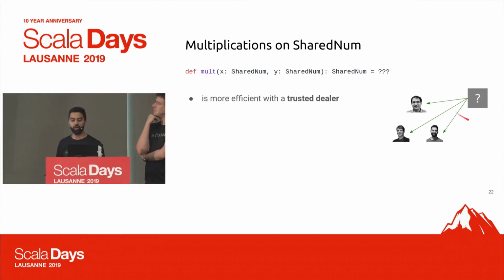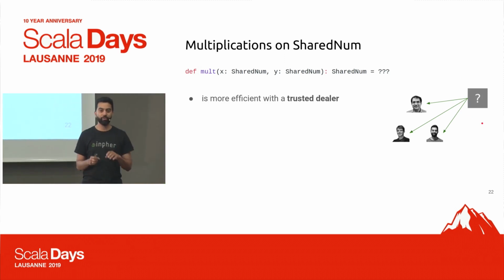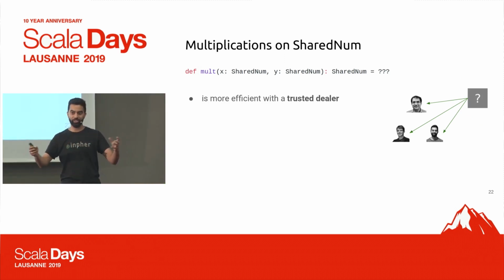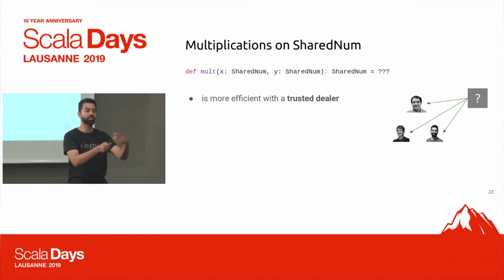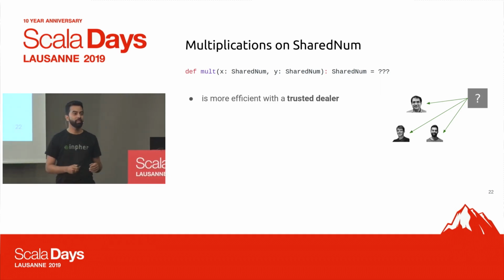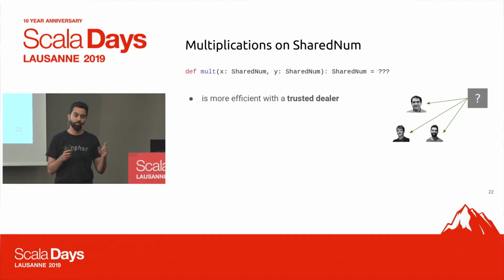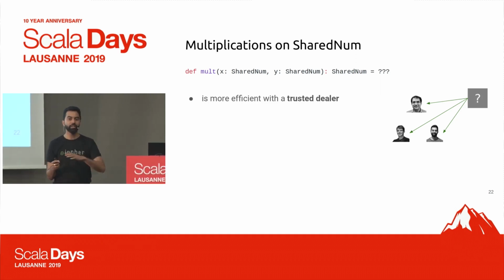Remember in the earlier example, Jakob, Dimitar, and myself, we created our own shares of 0, and then we exchanged them amongst each other. In this case, we rely on Mr. Question Mark here to do that work for us. Mr. Question Mark is only involved in giving the shares to us, but when we actually do the computation, he's out of the picture. So this is what we mean by trusted dealer.